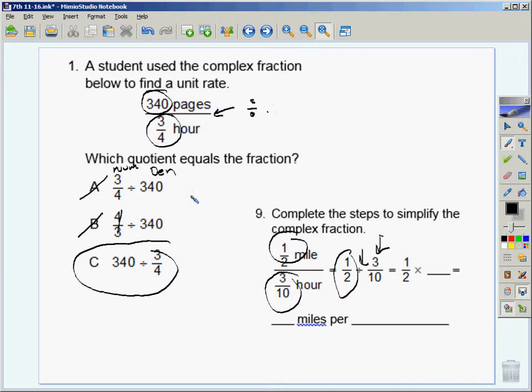Very much the same type of problem. You could have looked at another problem to figure out what to do. So the correct answer for number 1 was C.